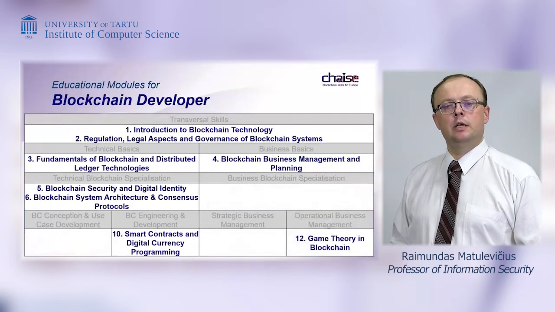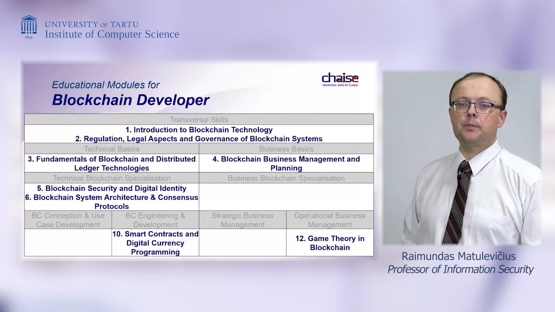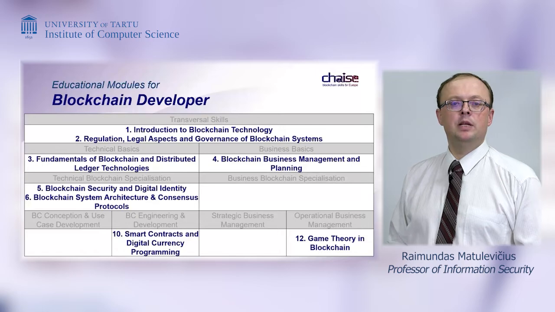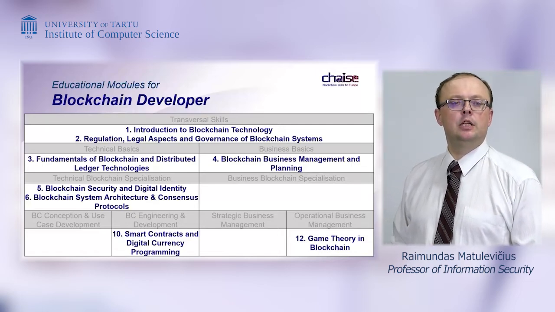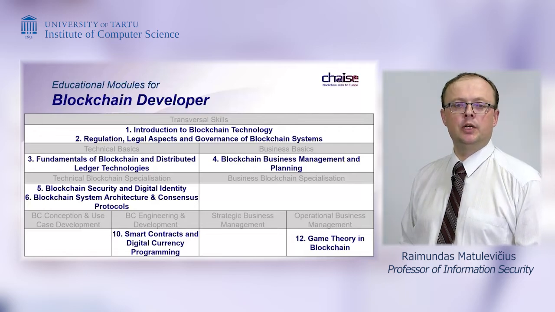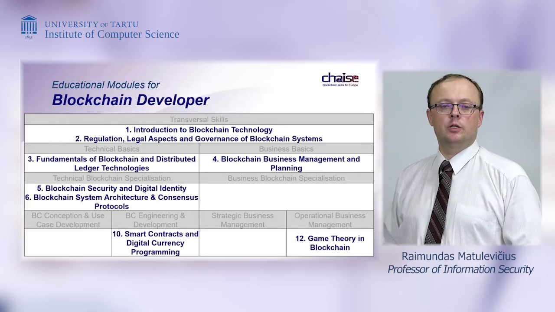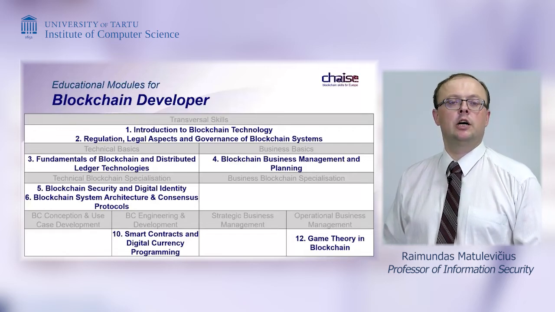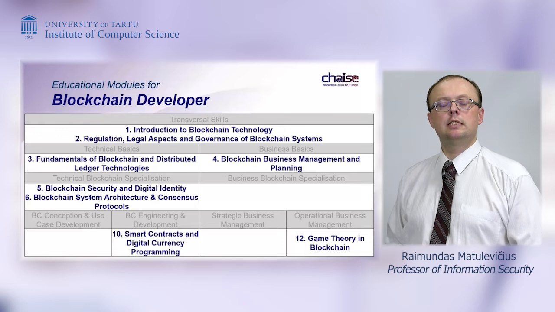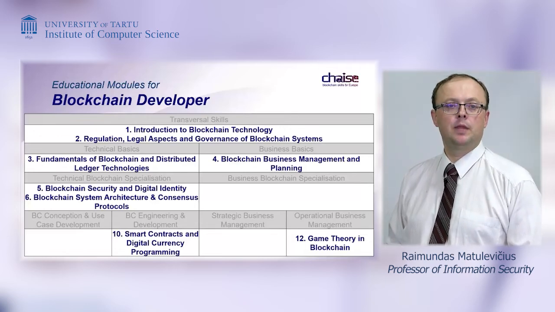Besides the same modules 1 to 4 on the principles and introduction for the blockchain system, the blockchain developer needs to know the principles of the blockchain security and digital identity. He needs to understand system architecture and consensus protocols, but he also needs to know how to develop smart contracts and deal with the digital currency programming. In addition to this, he needs to know the principles of the game theory used in the blockchain.